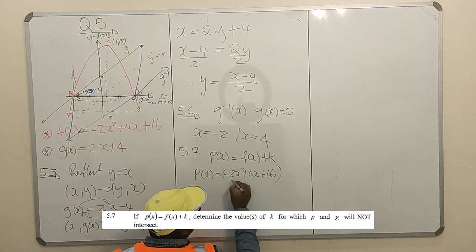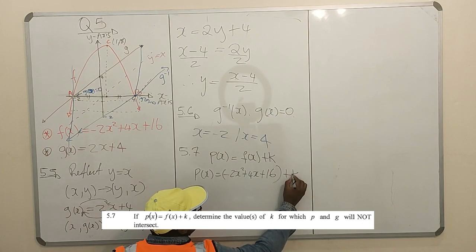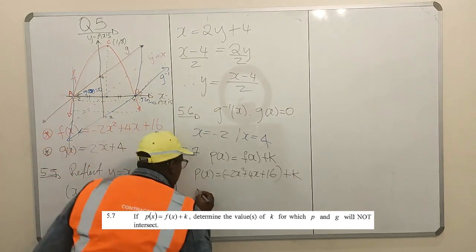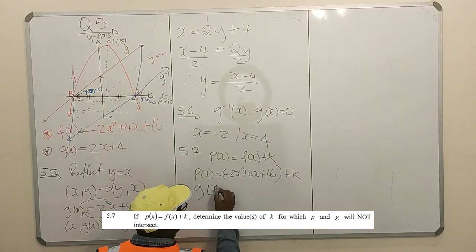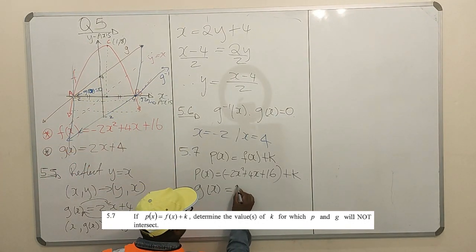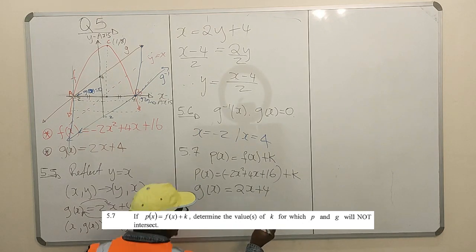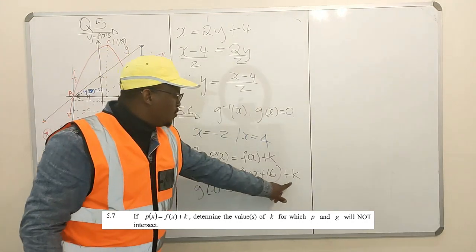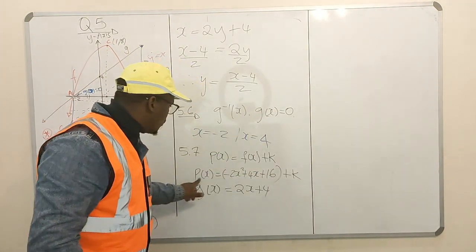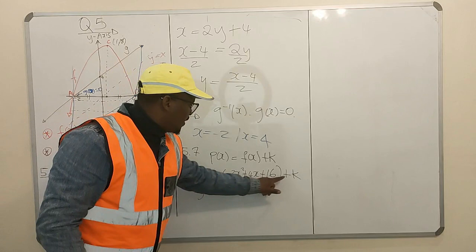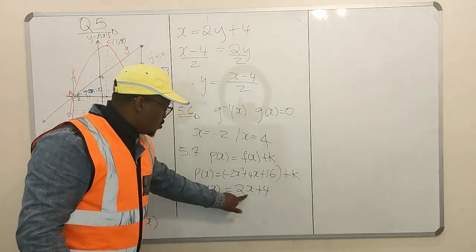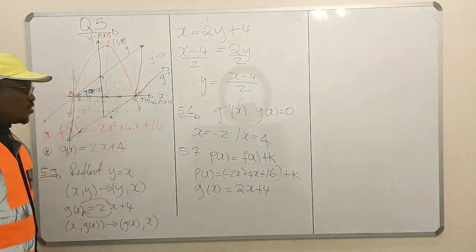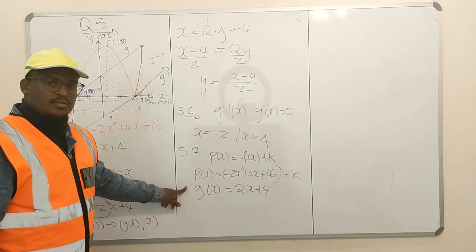Then it is f of x plus k. And then we have our g of x, which is equal to 2x plus 4. What they're asking is what should this value k be in order for this function not to meet with this one. We want these two things not to meet.